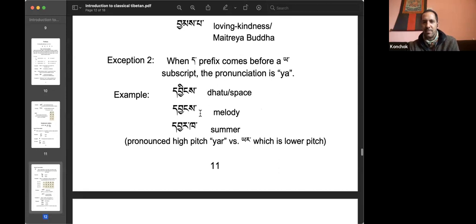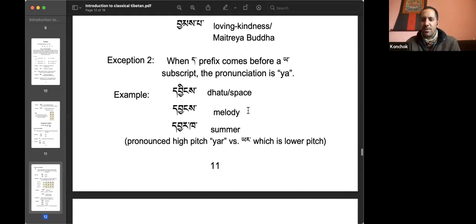Yang, this is pronounced yang. Da, ba, yatak, ya, ngasa, yang. Yang means melody. It's also the word for vowels in Tibetan. So the vowels are called yang because they are the melody of the syllable.